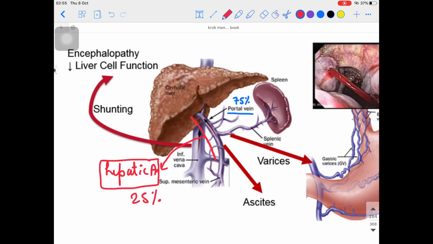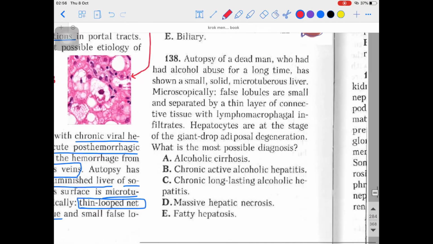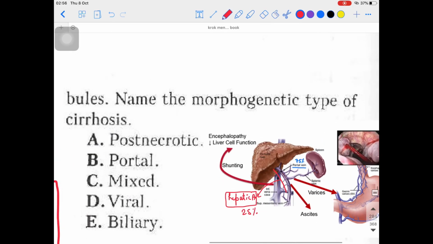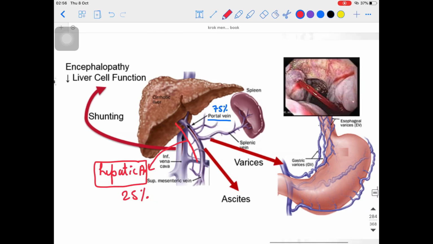So 75% of the blood supply comes from the portal vein, 25% from the hepatic artery. What happens if the patient has liver cirrhosis, which means the liver is not working well? The etiological factor can be anything, it can be alcohol, or in our case chronic viral hepatitis. So what will be happening?